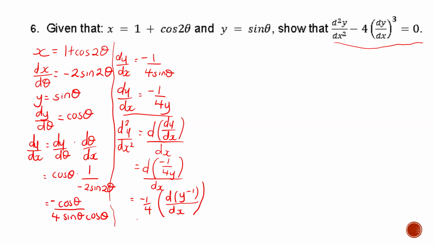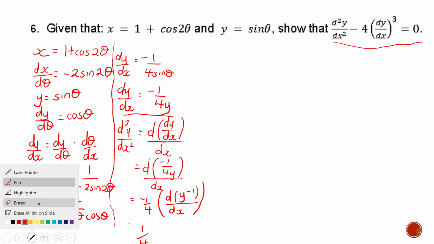Okay, so we're going to use chain rule on the y to the power negative 1. When we use chain rule, negative 1 will come, and then negative 1 times negative a quarter, we stay with a quarter.